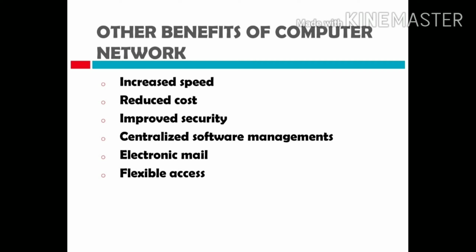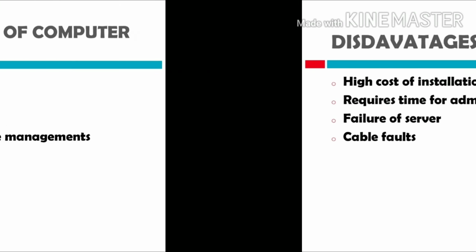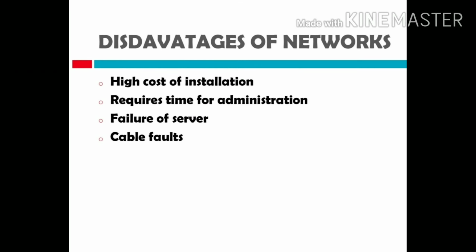Now, what is flexible access? It is very flexible and very easy to use. All of this is possible on your mobile also. We can access it at any time, from anywhere. That is why it is known as flexible access.